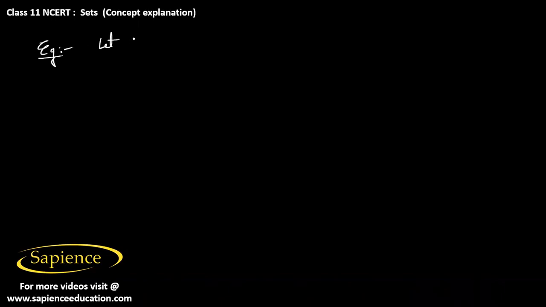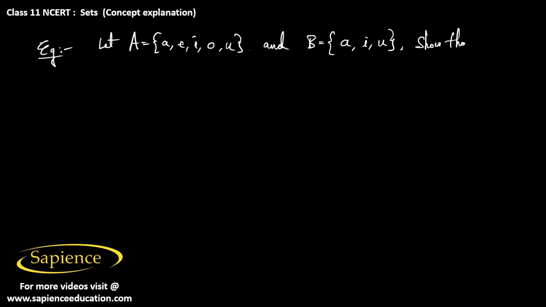Here it is told that let A be a set which contains the elements A, E, I, O, U, and B be the set which contains the elements A, I, and U. Then we have to show that A union B is equal to A. Now here we can see that A union B is equal to A, E, I, O, U only, which is equal to A only.